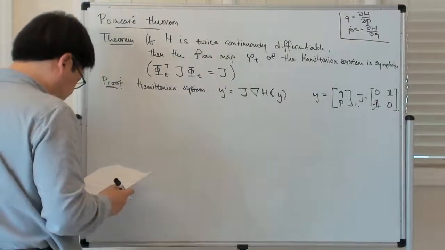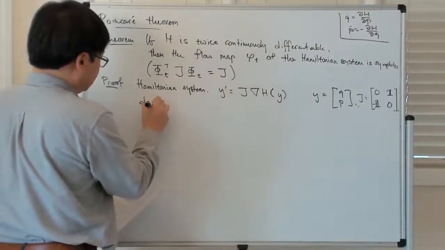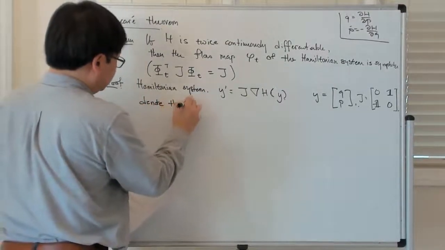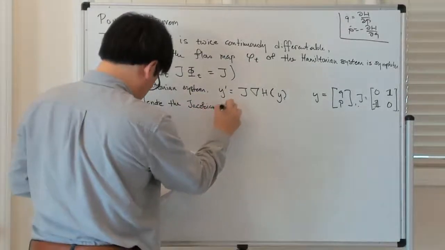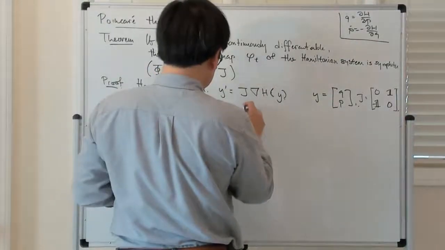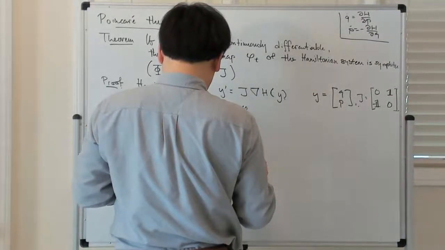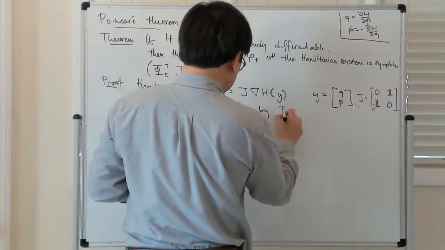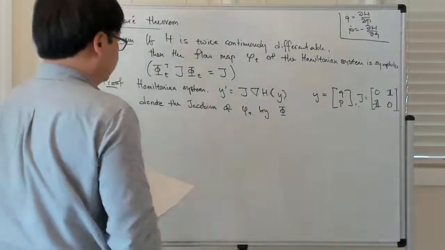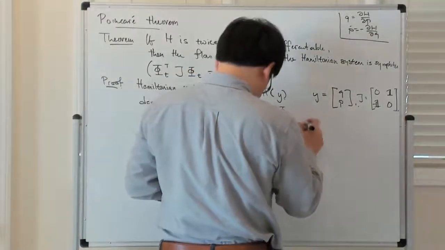And then you denote the Jacobian of the map by capital Phi t, right?